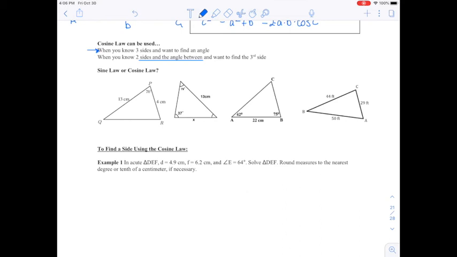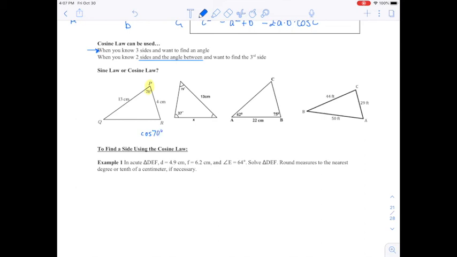Okay, so let's have a look at these four triangles and let's see if there are any where we can use the sine law. So we already talked about the first one. We cannot use the sine law here, but we can use the cosine law. I know that this is my angle P. I'm going to write that.